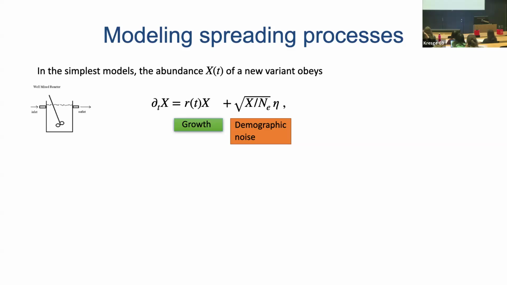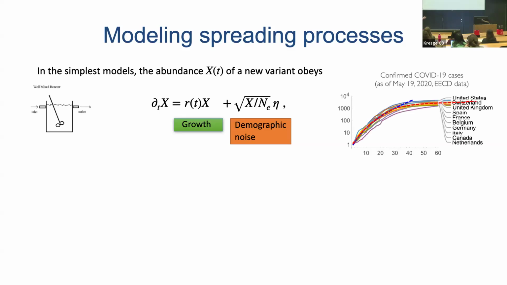And then I added here a second term, which has to be there always, which is a noise term that characterizes how stochastic transmission is, how stochastic reproduction is. It's called here demographic noise. In the population genetics community, it's called genetic drift. And with that, you can maybe try to model something like overall abundances over time.